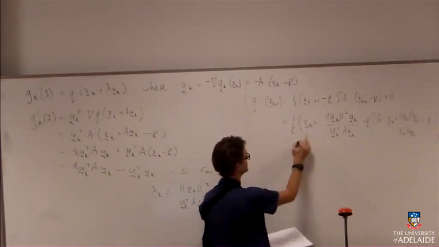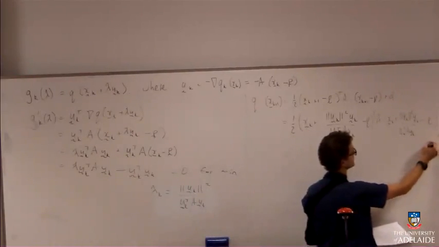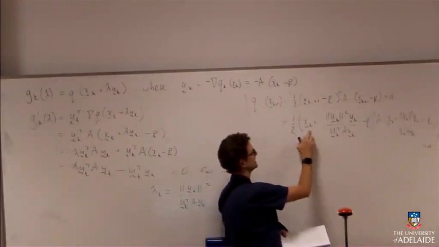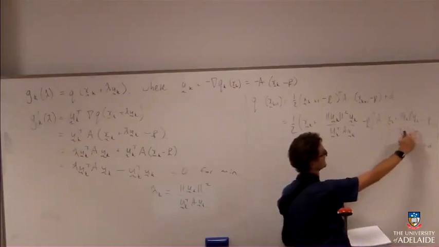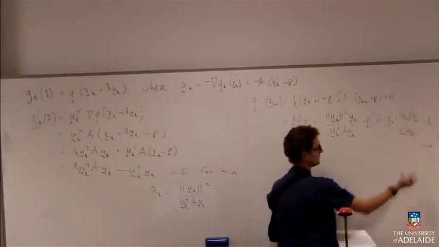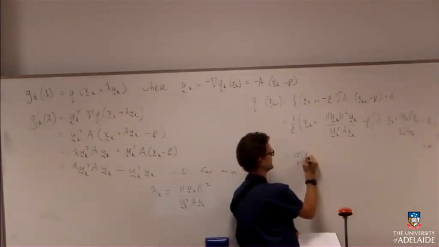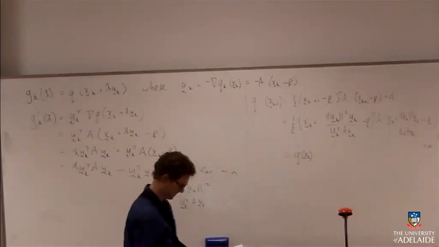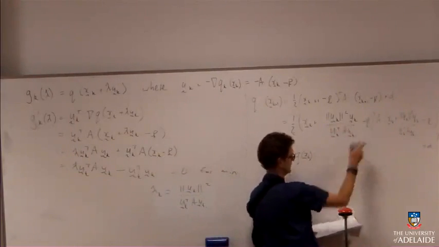The thing that you can see here is that there's a plus d here. I can collect up the (x_k minus p) transpose A (x_k minus p) plus the d, and that's actually going to give me q of x_k, right? And then I just have to write out all of the remaining junk that comes from this term multiplied across.